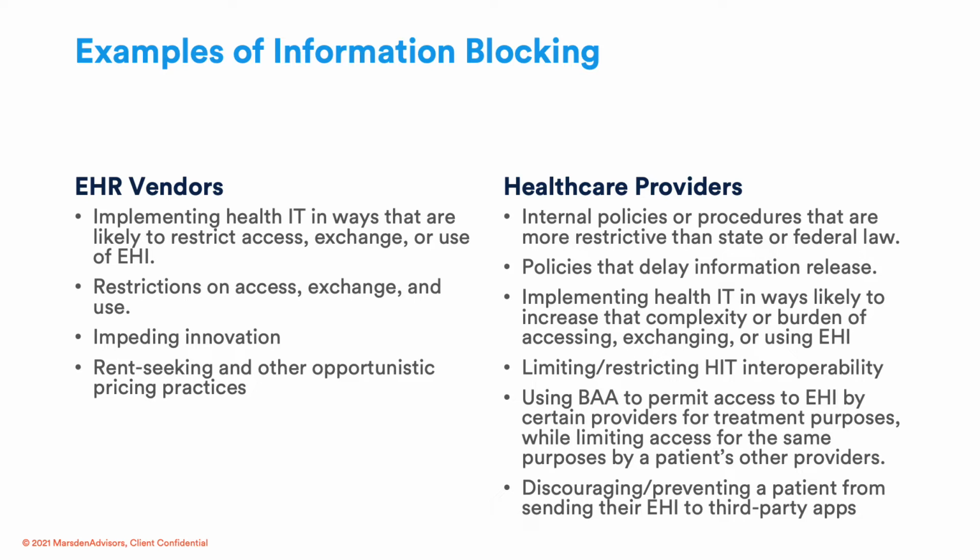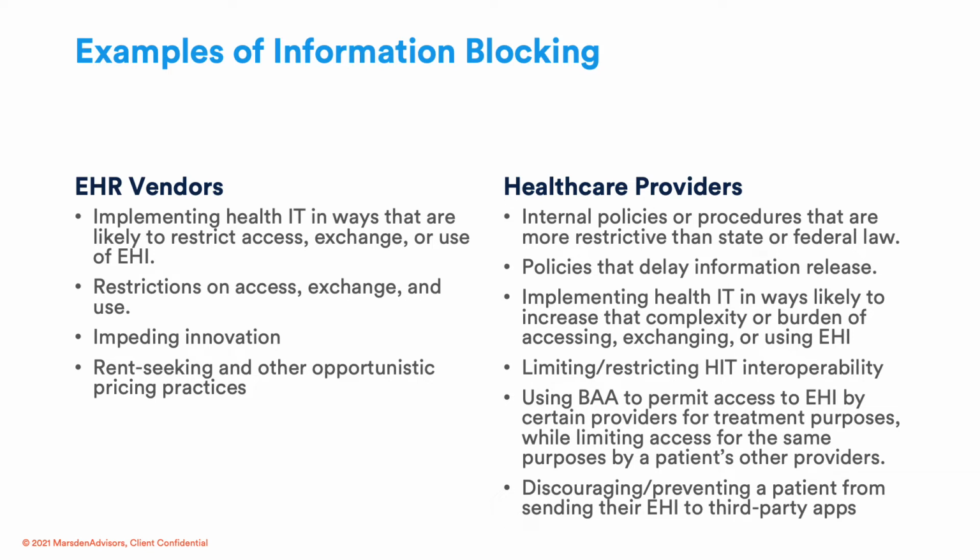The endpoint is basically the address that those apps use to connect to the API. This is an example of information blocking because it makes it difficult for third-party apps to connect to the API, and it could prevent patients from getting their information in the way that they want it and in a way that allows them to be more active in their care.